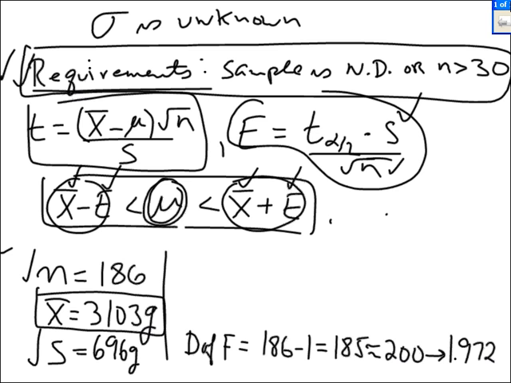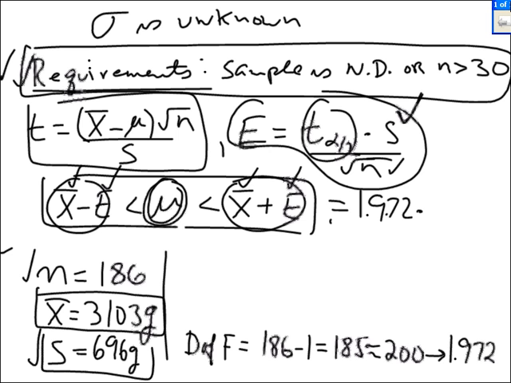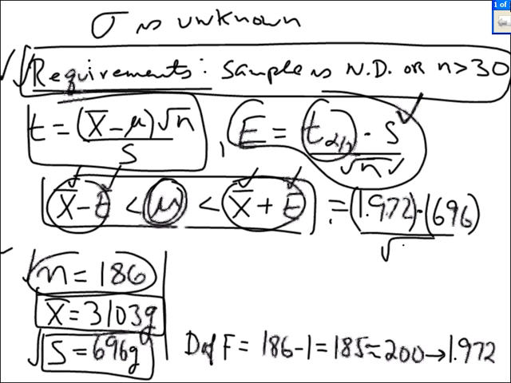Let me erase this. E is equal to t sub alpha over 2, 1.972, times S, which, looking in the bottom left, is 696, and you divide this by the square root of n, and again, in the bottom left, n is 186.